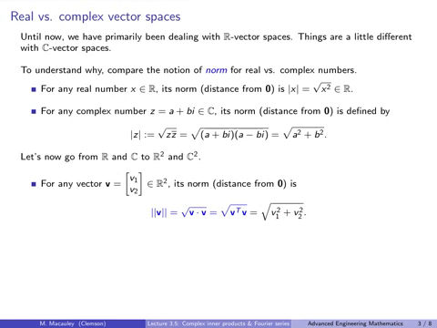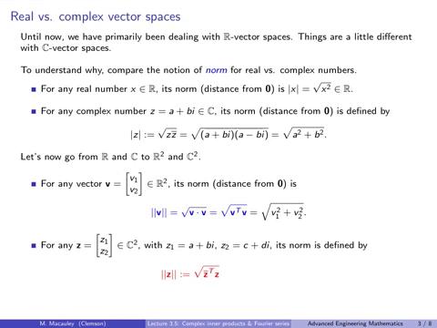So compare what we have here to what we have up here for complex numbers. The only difference here is we don't have a bar over here, but we don't need that because everything here is a real number. Similarly, for any vector z in C2, so this is a vector of two entries, z1 and z2, say z1 is a plus bi and z2 is c plus di, its norm is defined as follows.